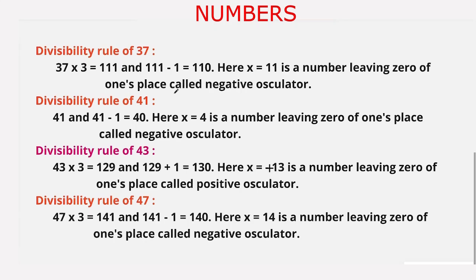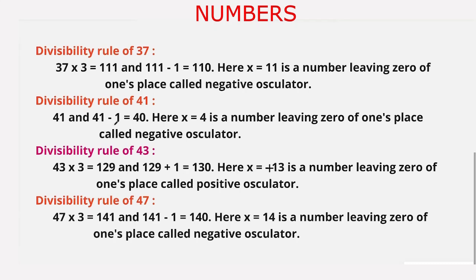And the method you already know from the previous examples of divisibility of all other prime numbers explained earlier in this video. Divisibility rule of 41. Again, we have to find a number which is ending with 1 and multiple of 41, and that number is 41 itself.